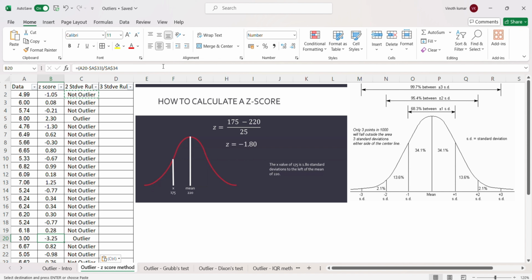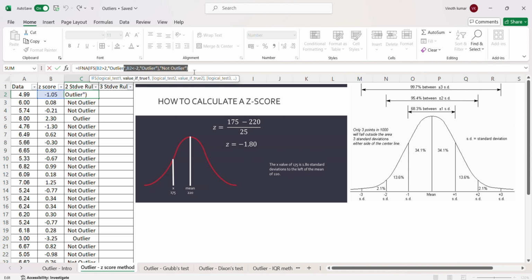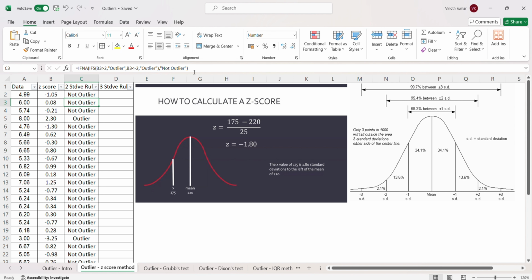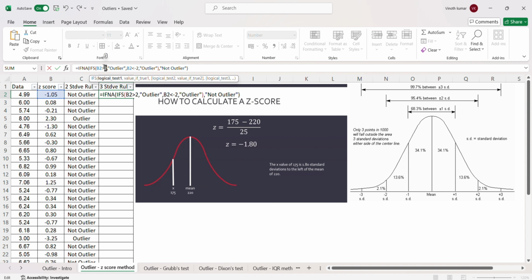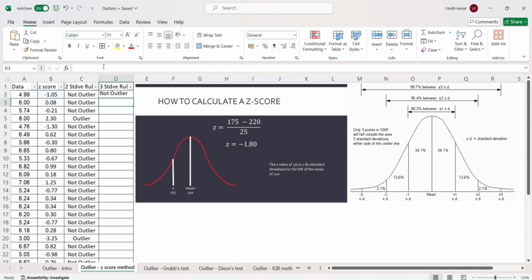hence that is also called as an outlier, right? Okay, so what we can do is the second rule is extreme z-score value beyond 3 standard deviation. So what we can do is we can copy this formula, we can paste it here and make this 2 into 3, sorry, 3, and make this -2 into -3, and then hit enter.